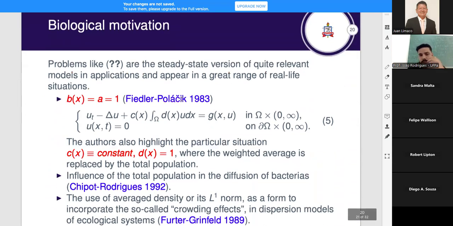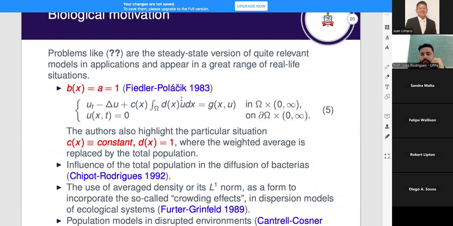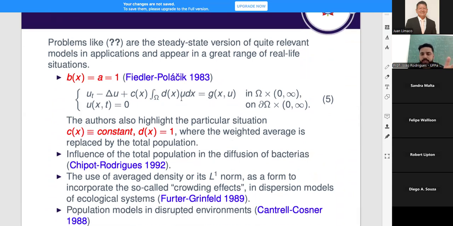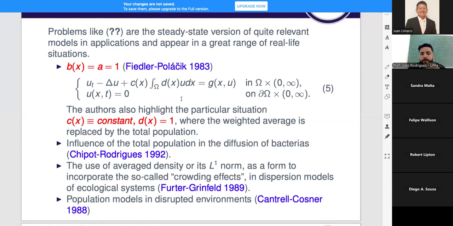We have a lot of papers studying this class of problems because they model situations in mathematical biology.